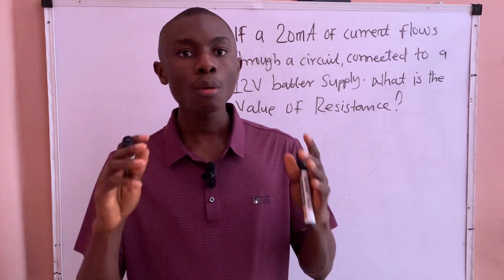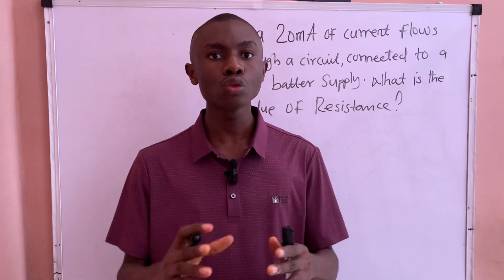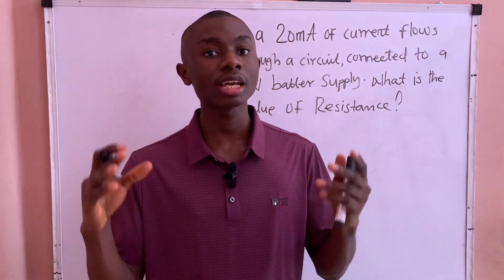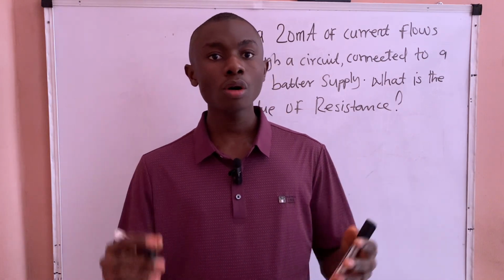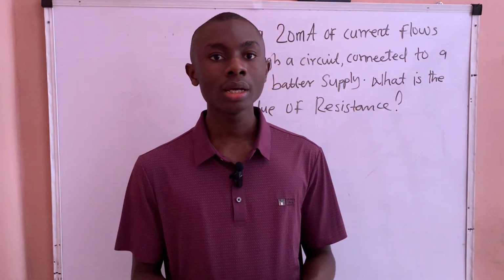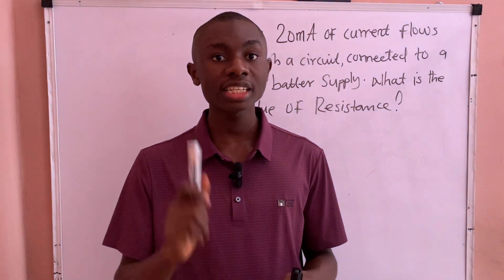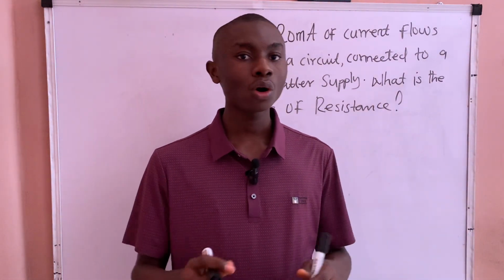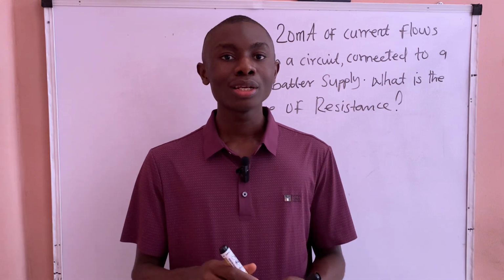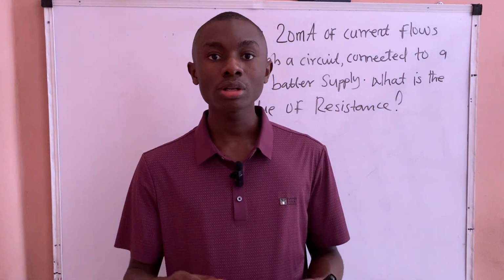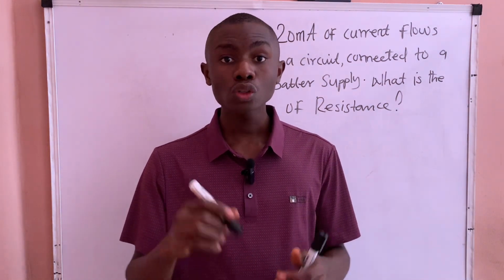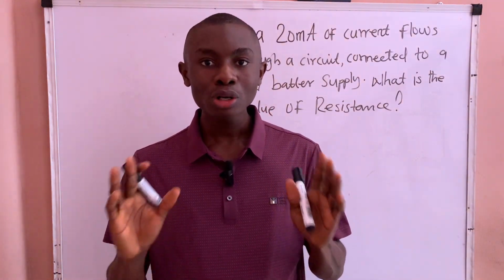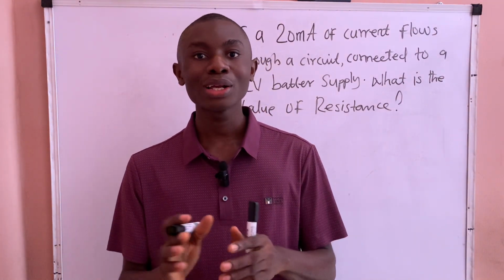Okay, what are the common errors students make when solving Ohm's law problems or analyzing circuits? One of these common mistakes students make is forgetting units. When solving circuit theory or physics, you must double check your answers. If you solve a problem without putting the SI units, you didn't solve any problem.